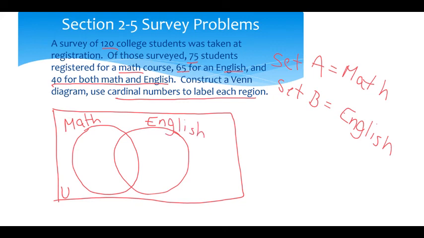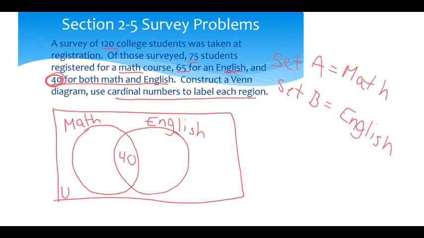And then what you want to do is really you want to start at the back of the problem and work your way to the front. So I want to know how many did both. So I had 40 students that took both math and English. That's going to be your intersection between the two sets. So I'm going to put the 40 there. Okay, and then I'm going to work my way backwards.